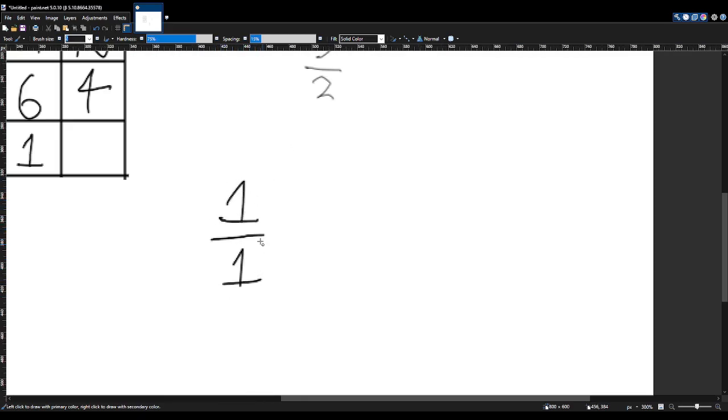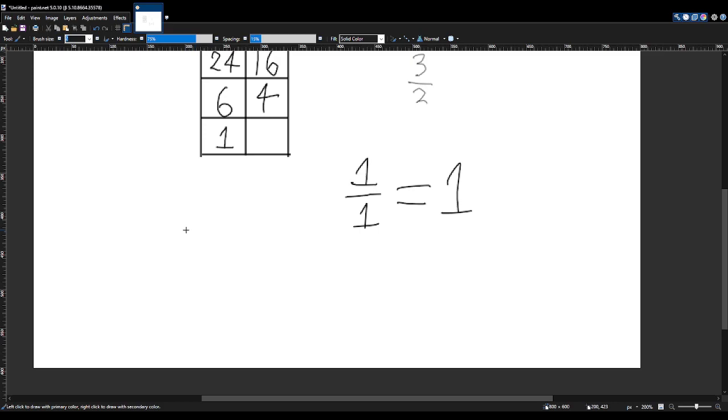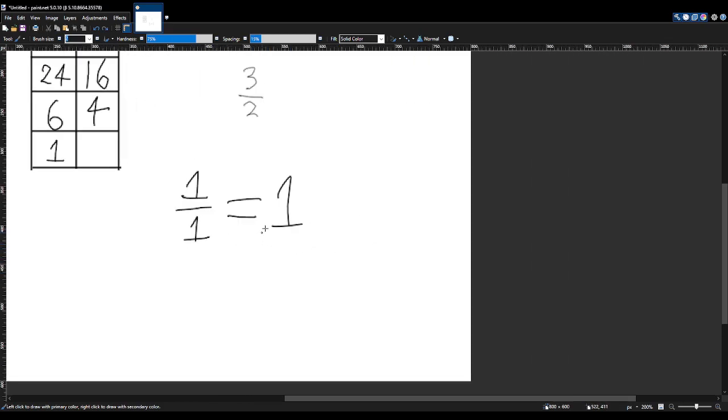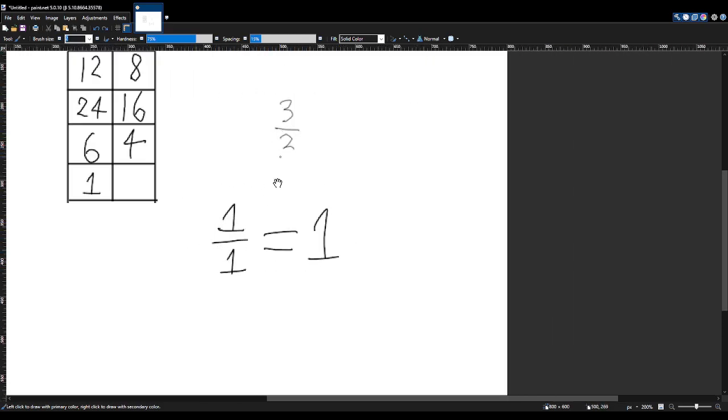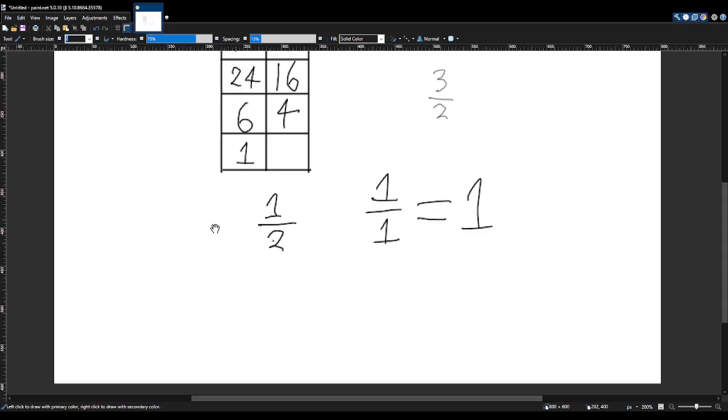This is a normal fraction. That's a whole number, since it fills 1 out of 1. But look at this. If you have 1 out of 2, you're going to have to divide the normal fraction, because most fractions have a 1 as their denominator.